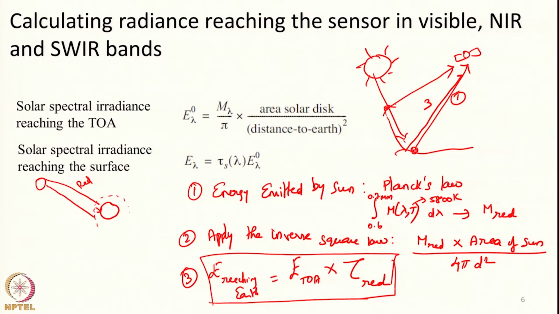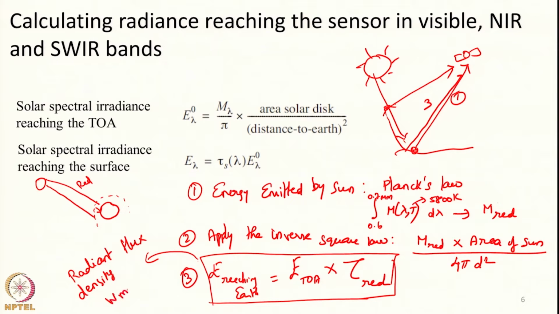So, for the first path we have just calculated what energy will reach the Earth's surface. Technically speaking, whatever I am calling energy is actually radiant flux density in actual radiometric units.